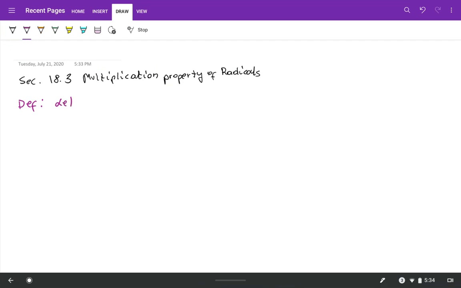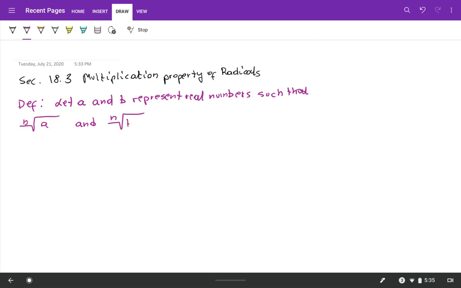So let A and B represent real numbers such that the radical of index n of A and the radical of index n of B are both real.